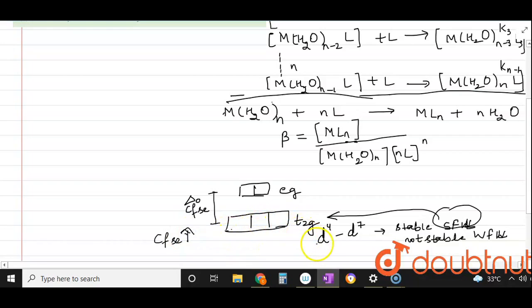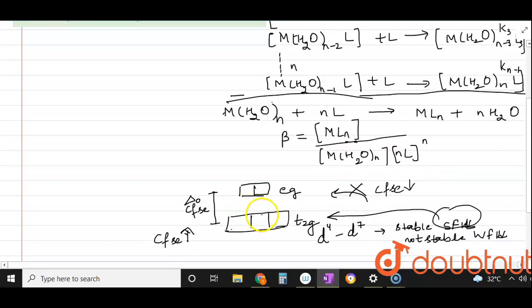So that's why d4 to d7 configuration will be stable for strong field ligands and not stable for weak field ligands, because weak field ligands will not do the pairing and they will cause the electrons to go to the eg level, which is not stable, and where stabilization energy will tend to decrease. Here the CFSE will tend to decrease.